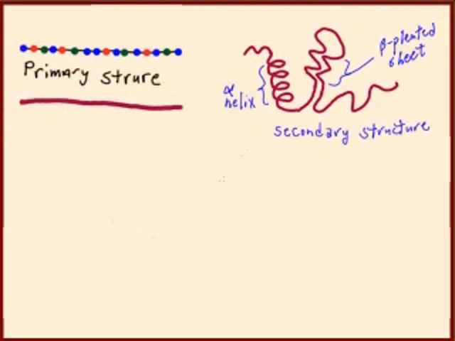The third level of protein structure is one in which the whole protein is folded. And so you have the protein folded in on itself, and in that folding you can have some alpha helices, you can have beta pleated sheets.